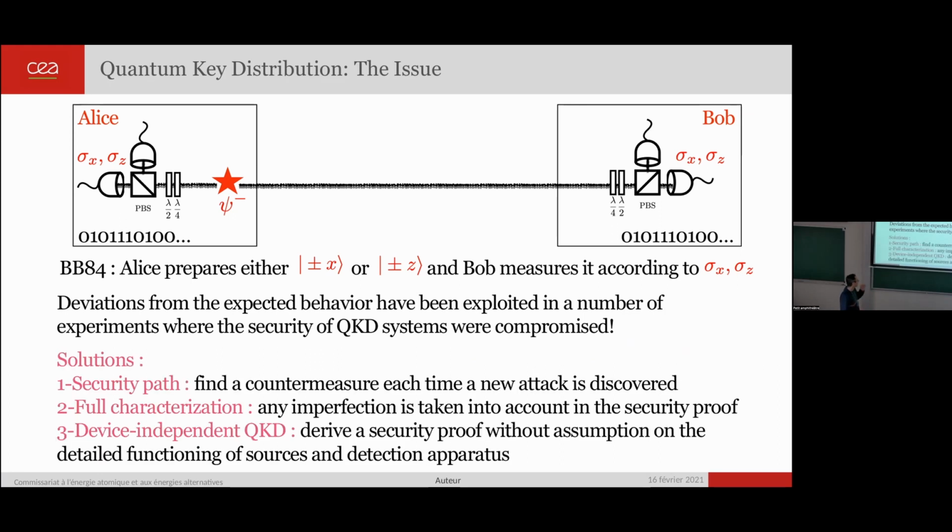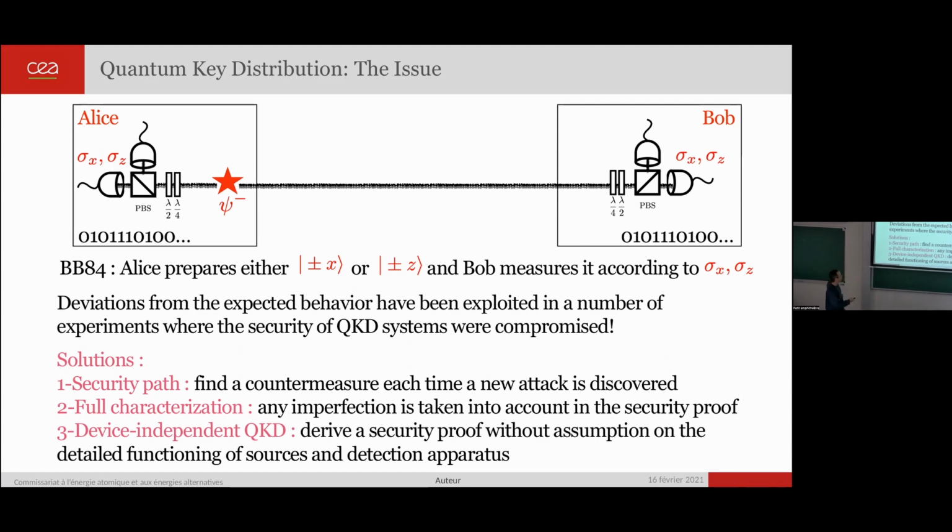So, how do we avoid this? There are several ways. One way is to say that every time we find an issue, an attack, we add a countermeasure to that attack and hope that as time goes, we get something that is more and more secure. That's one possibility.